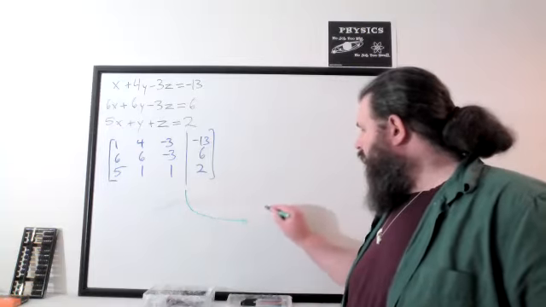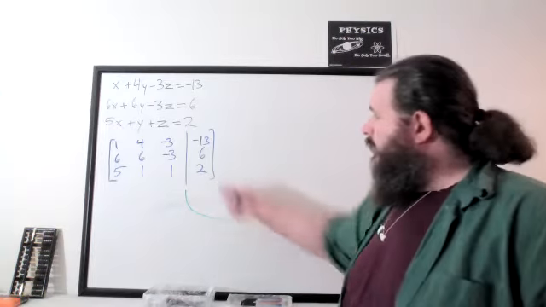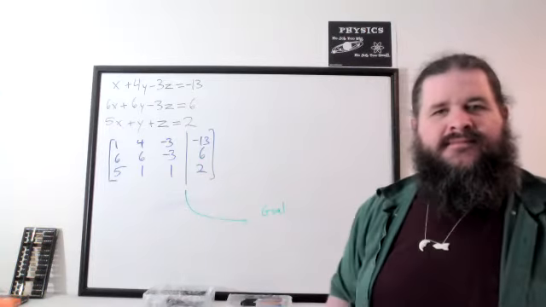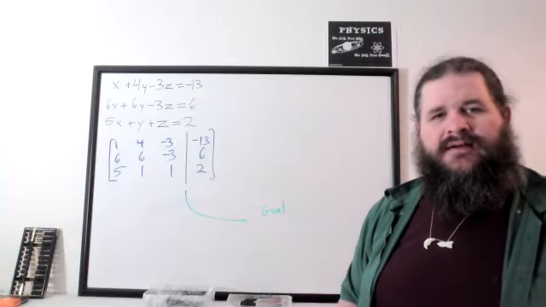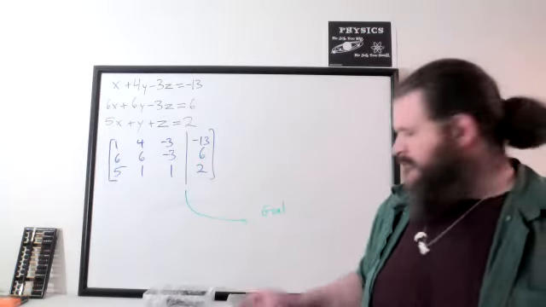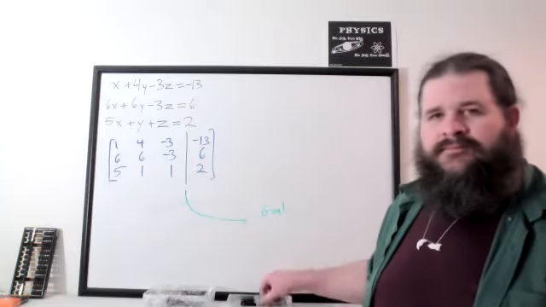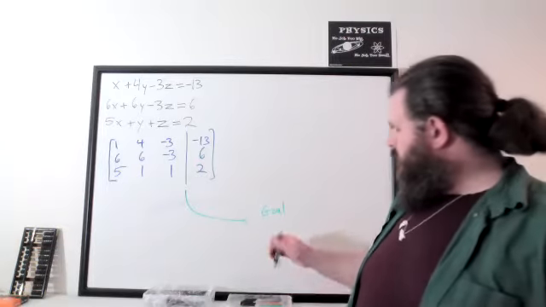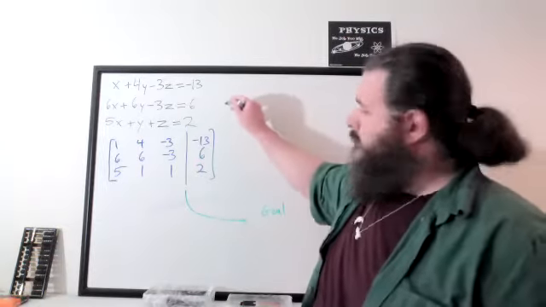Our intended goal. What do we want to make this look like? What's our end goal here? An upper triangle?